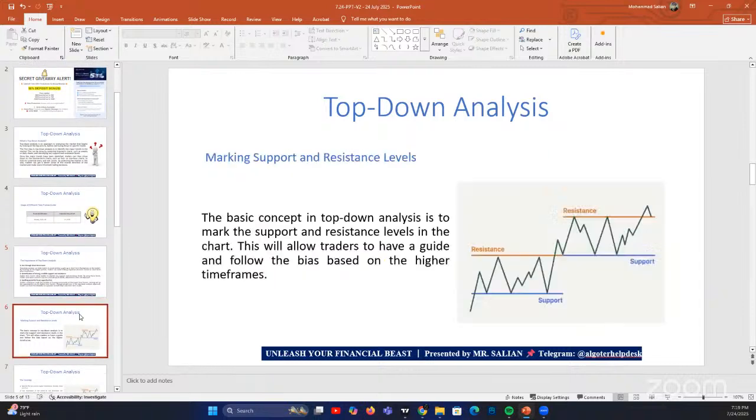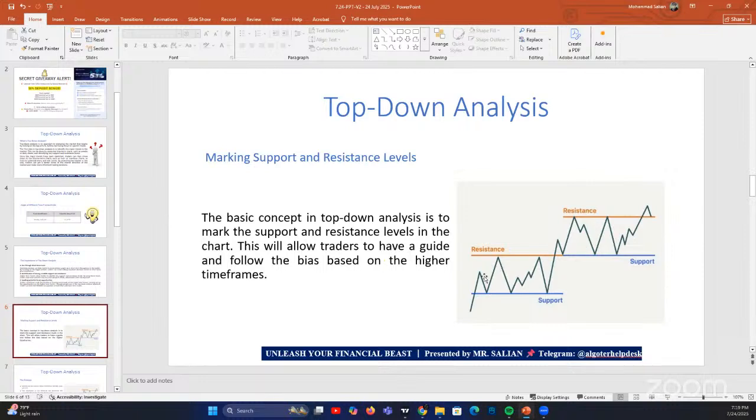Okay, so marking the support and resistance levels. The basic concept in top-down analysis is to mark the support and resistance levels in the chart. This will allow traders to have a guide and follow the bias based on the higher time frame.